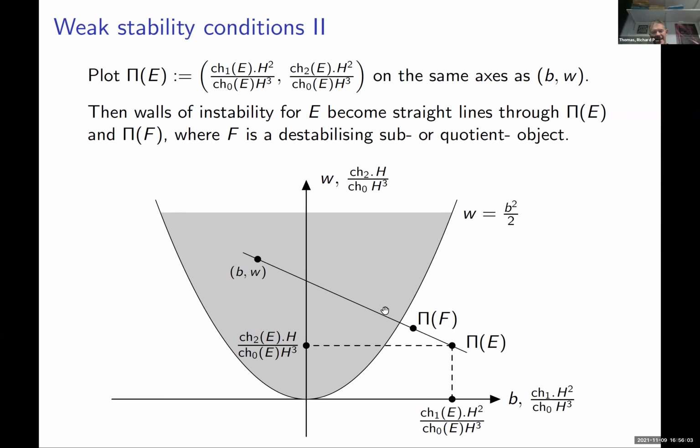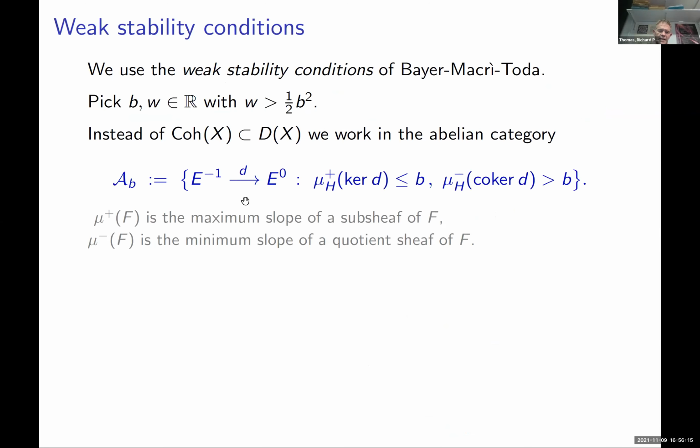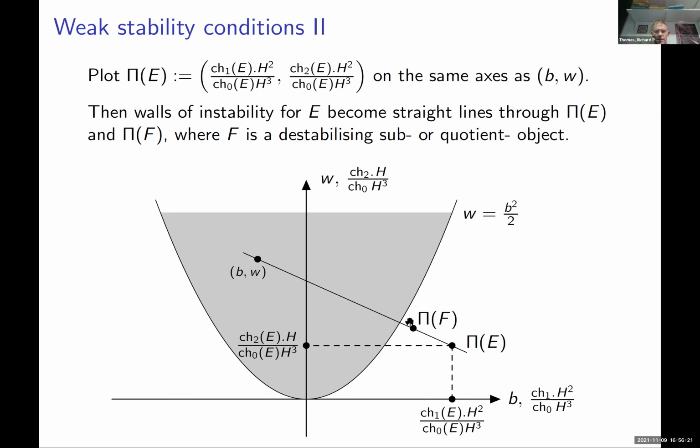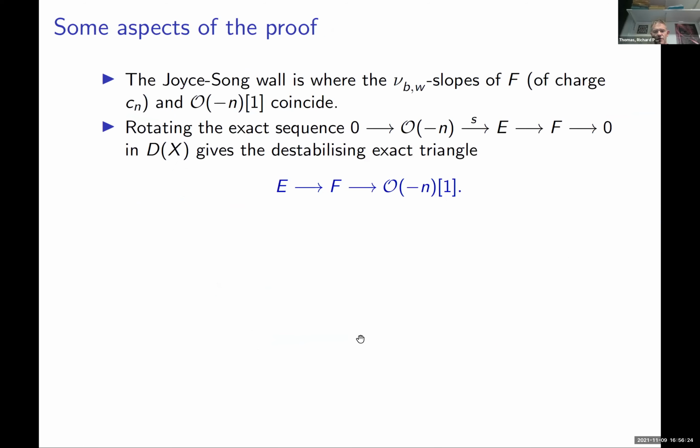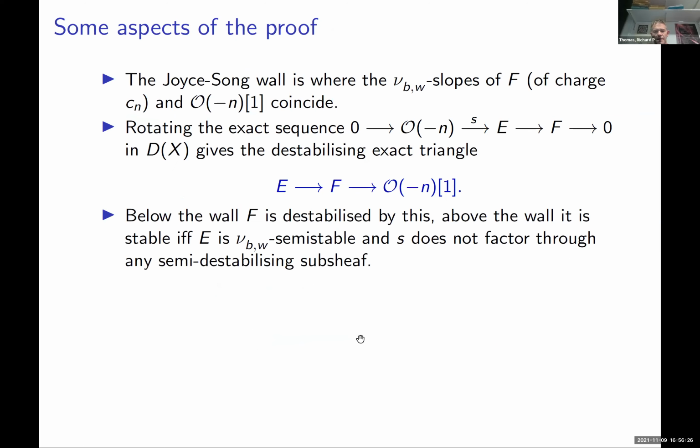And E has to remain in the abelian category all the way down here as I get towards one edge of the parabola, and all the way up here as I get very close to the other edge. Because it lies in this abelian category, I get inequalities for B very small and B very large in this picture. And they give us control. Putting together that and the BG inequality, you get the following control.